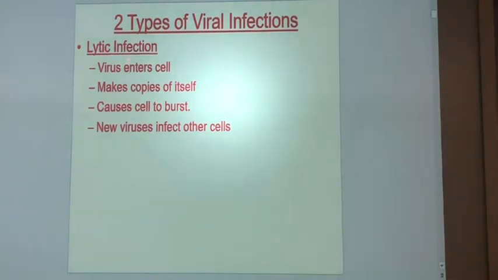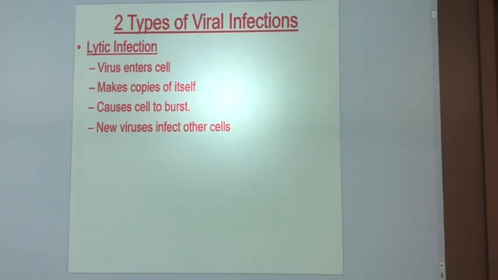A lytic infection causes the cell to lyse or explode. New viruses will then be released, and these can go and infect other cells. And we've talked about exponential growth. Viruses will reproduce and cause infections of new cells exponentially.